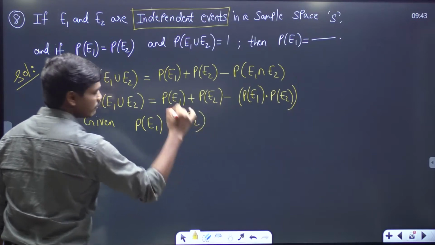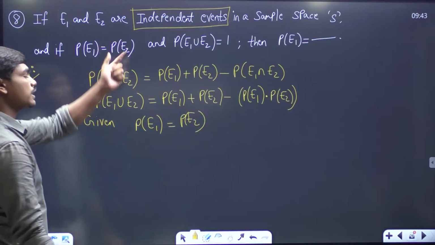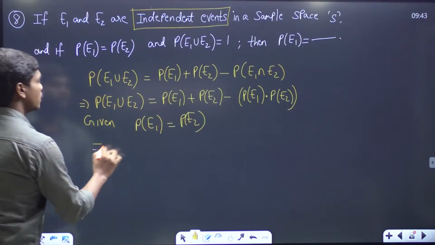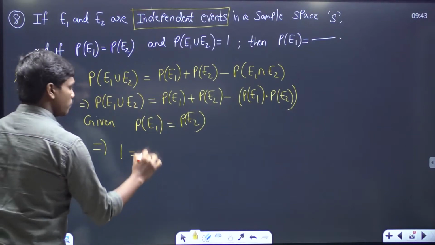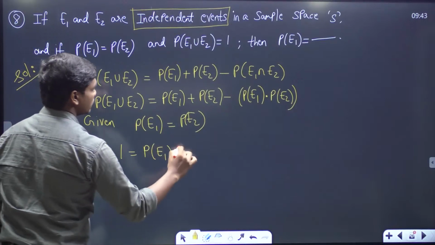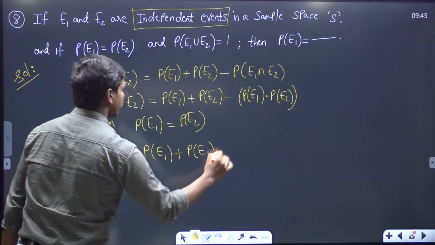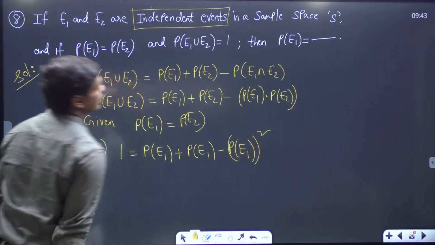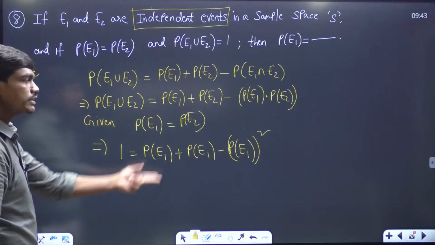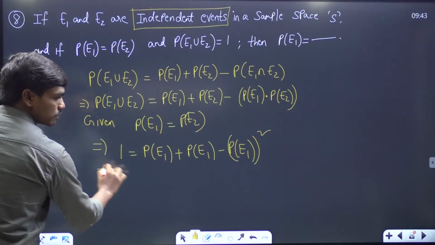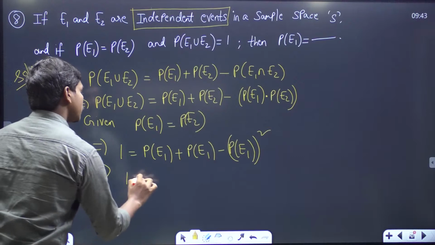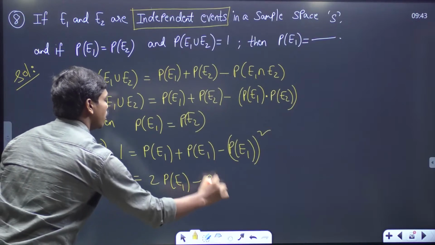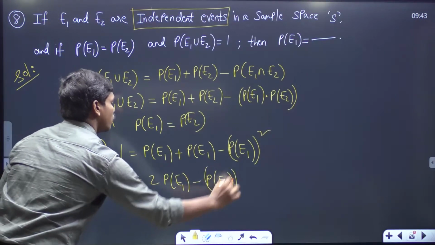Given the probability of event 1 is the same as the probability of event 2, and P of E1 union E2 is also 1, if you substitute all these things here, 1 is equal to P of E1 plus P of E1 minus P of E1 whole square. Now you can get the value of P of E1 because this is an equation in a single variable. So 1 is equal to 2 times P of E1 minus P of E1 whole square.